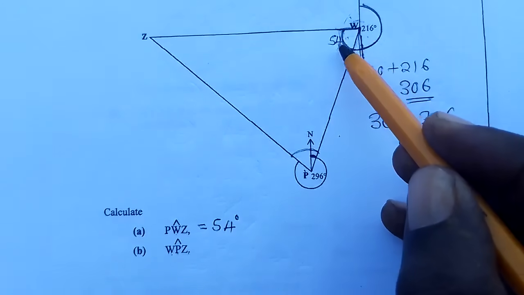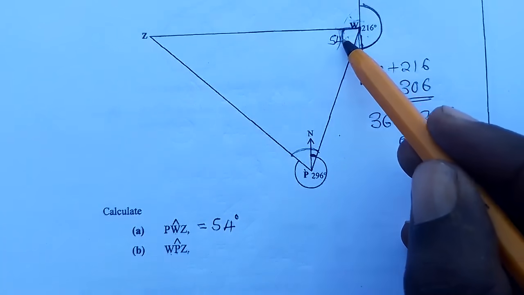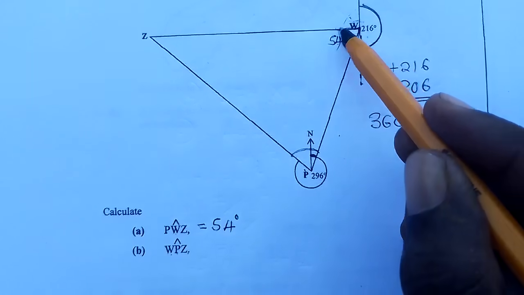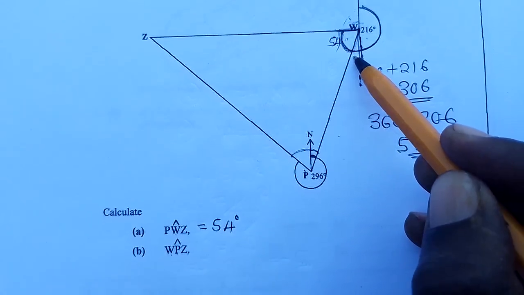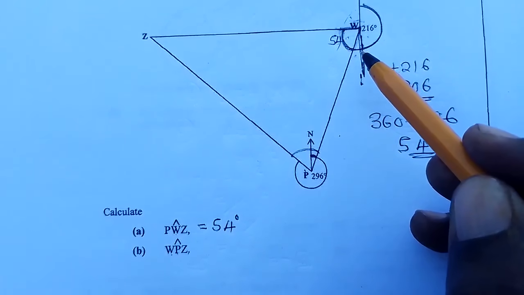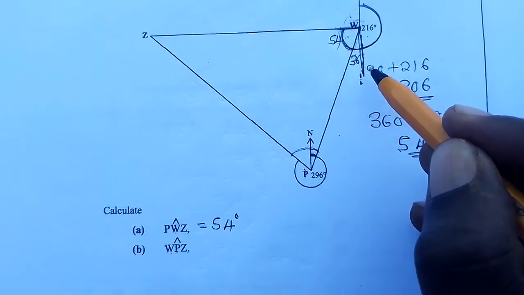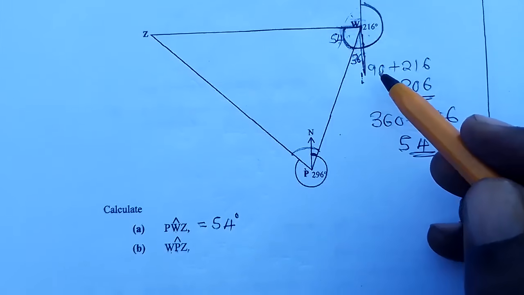So since I know that there is a 54 there, what if a right angle is being formed? To find this other side, I just need to subtract from 90. So here it is 36, so that if I add these two, I'm going to get 90.